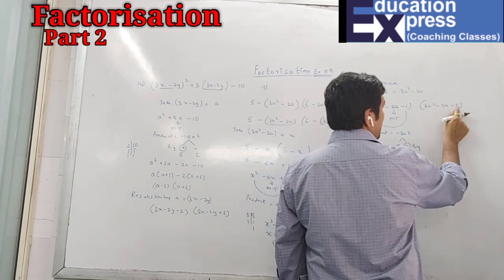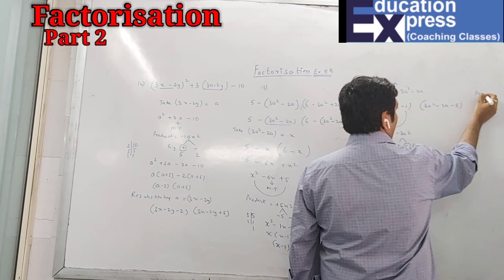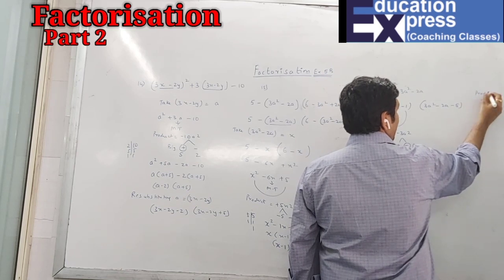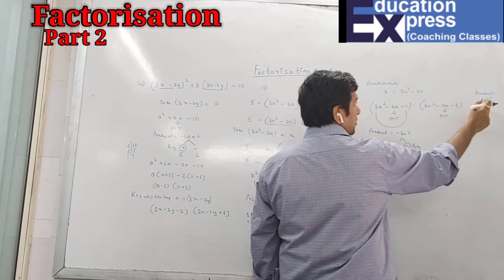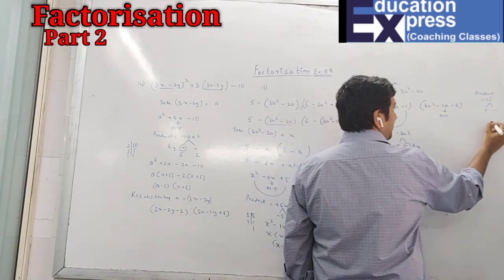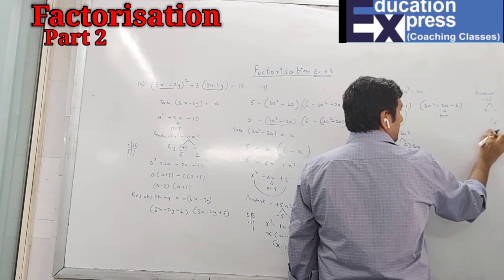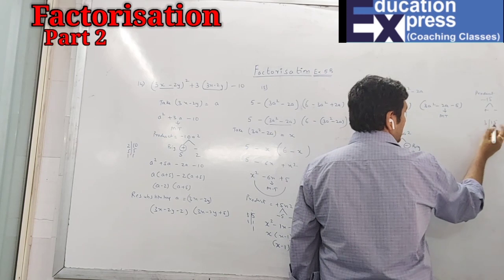And here 3 5s are minus 15, the product. And what is the middle term? Minus. So minus 15 means you have to subtract two numbers and get 2. So can we try for this? 3 5s are 15, 5 ones are 5. Yes, possible.